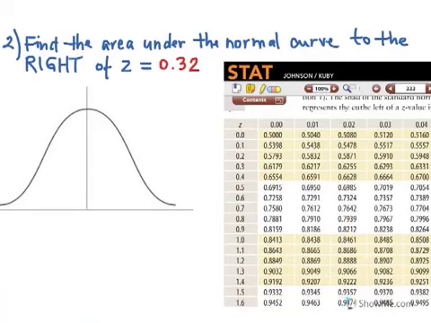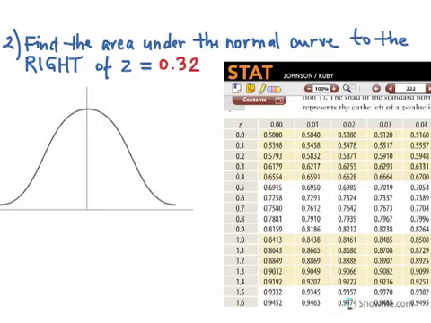Let's find now the area to the right of the z value. One thing that you have to really keep in mind here is that the entire normal distribution curve is equal to 1, and that was the first property of a normal distribution.